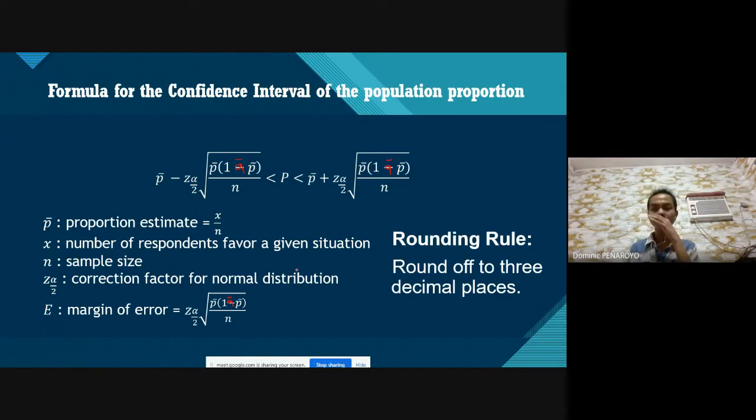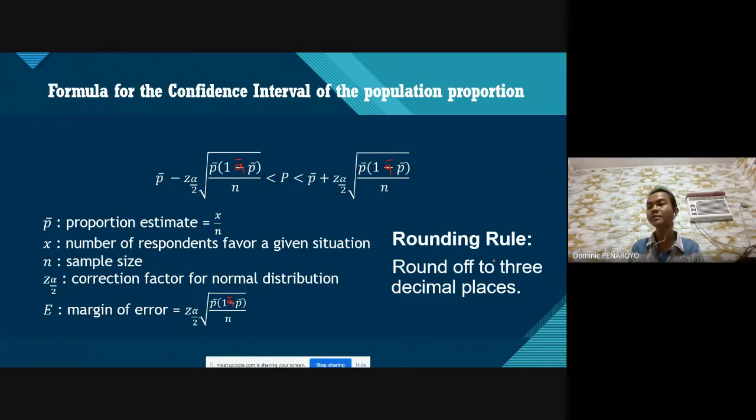All right, note, this is very important. The rounding rule for the confidence interval of the population proportion: round off to 3 decimal places. Take note, round off to 3 decimal places for the population proportion.